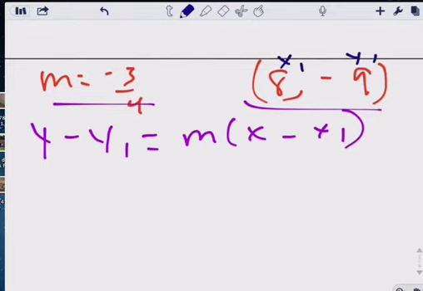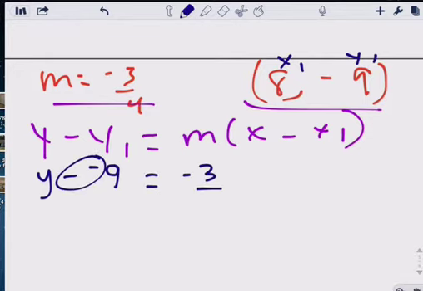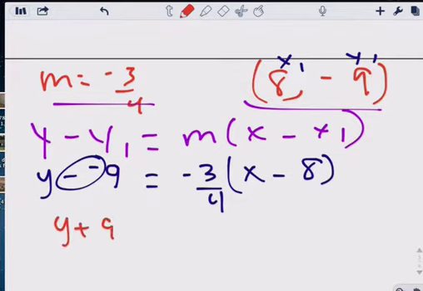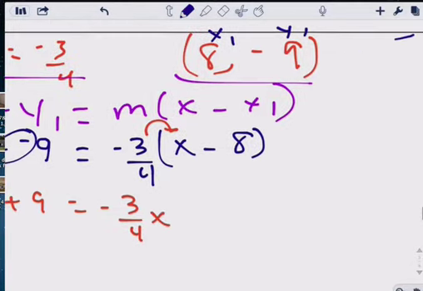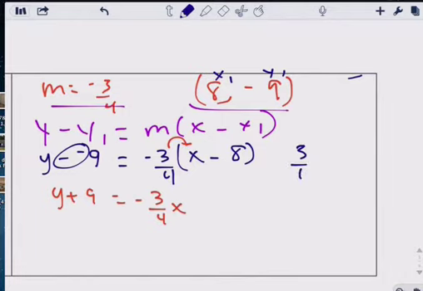X1, Y1. So Y minus a negative 9, so be careful with that, equals negative 3 over 4 parentheses x minus 8. Okay, that gives you Y plus 9 equals negative 3 over 4x. 3 over 4 times 8, 2, 6 plus 6.